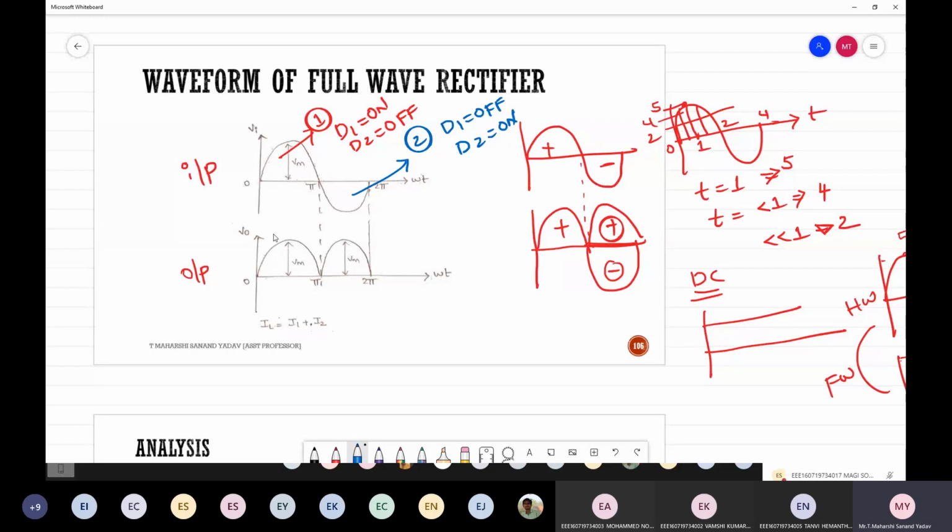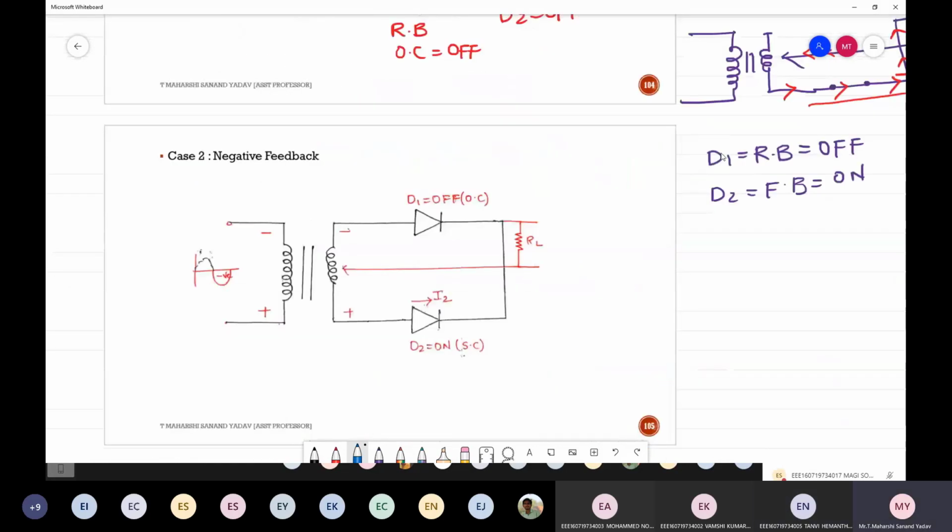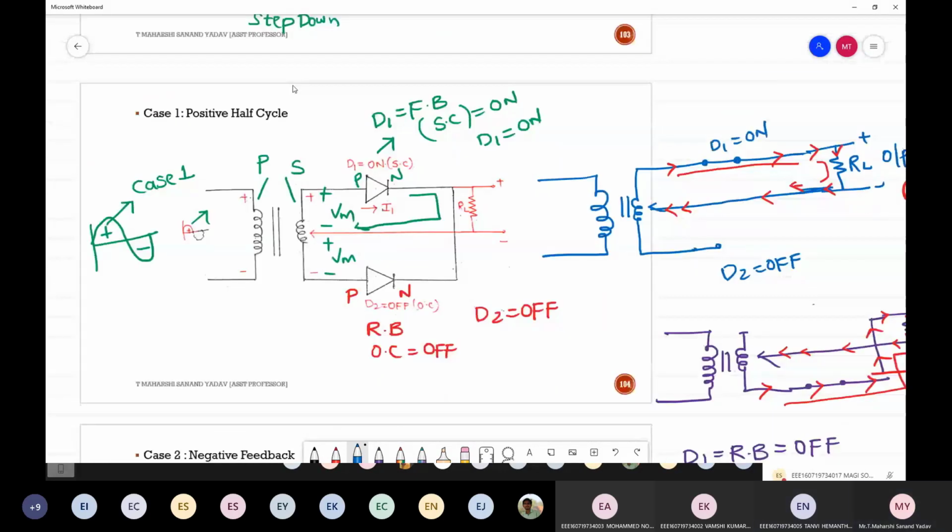So for one positive half cycle, I got the rectified output, and for the negative also I got the positive rectified output. So here you can see IL is nothing but I1 plus I2. Why did I get this? What is I1 and what is I2? Here one type of current is flowing, right? I'm considering this current as I1 in case number 1.